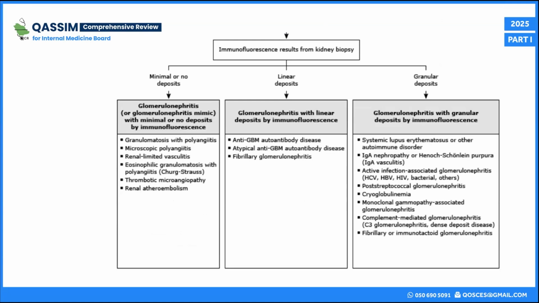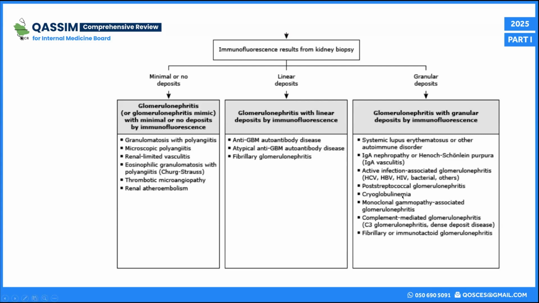Important. If the immunofluorescence shows minimal or no deposit, our differential is GPA, microscopic polyangiitis, or other vasculitis. If there is a linear deposit in immunofluorescence, the differential diagnosis is anti-GBM disease.